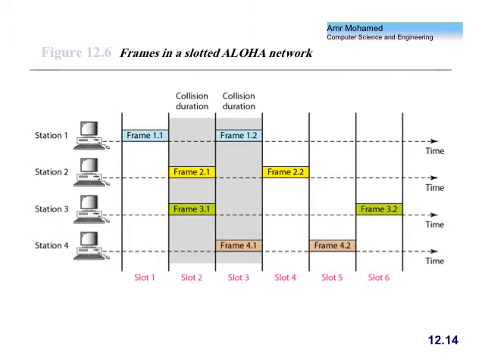This instance of time has to be synchronized amongst all the stations. In other words, all the stations have to follow the exact time slots, which in some cases is a problem, because remember that we're talking about multiple stations with no coordination between them.